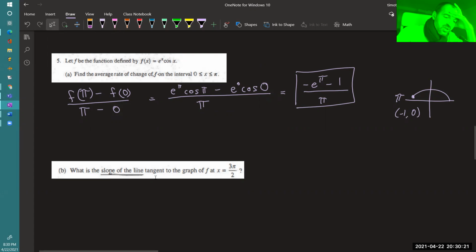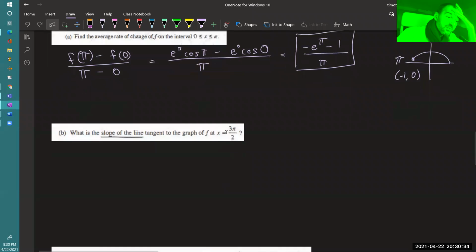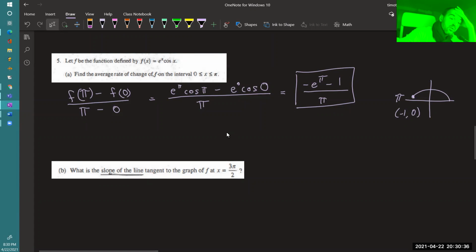Question is, what is the slope of the tangent line? So again, this is a pretty easy one. I'm going to take my function and evaluate its derivative at 3 pi over 2. Now, my f prime of x is going to be a product rule.